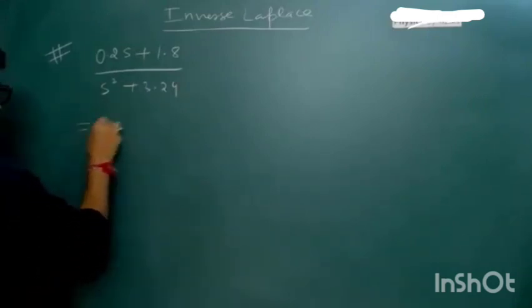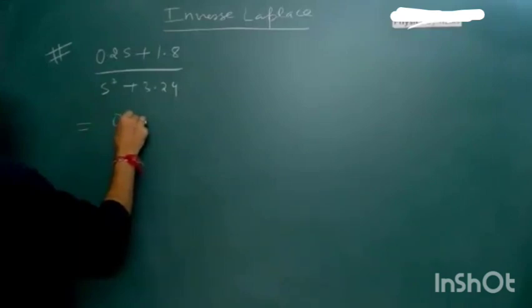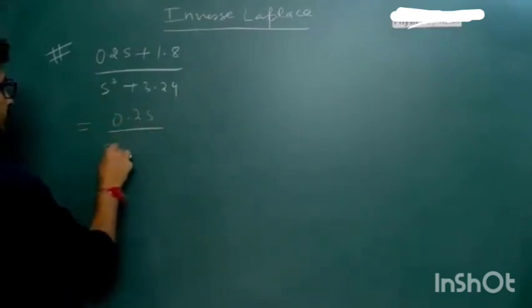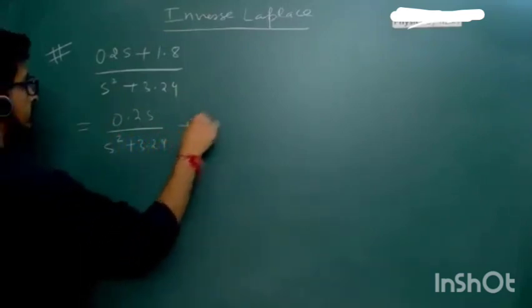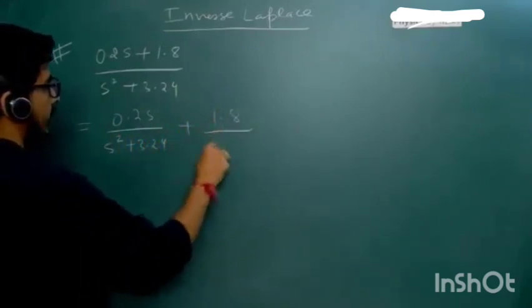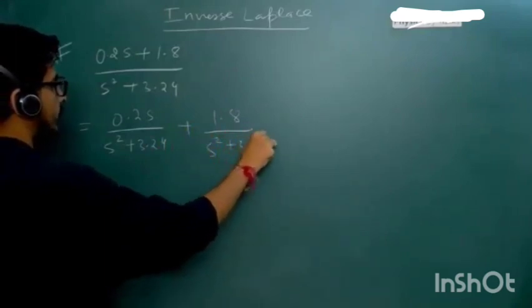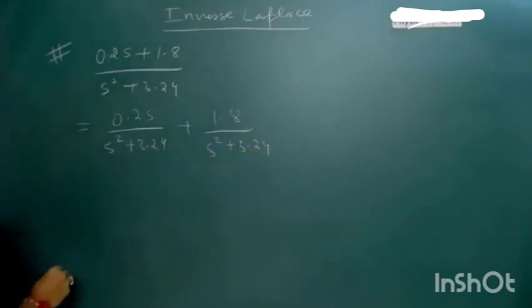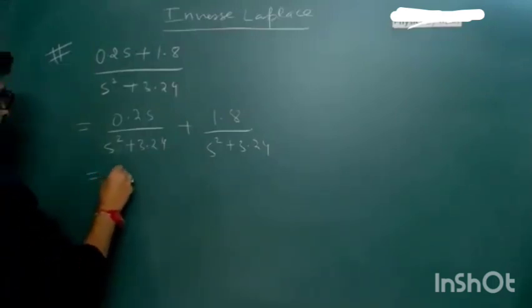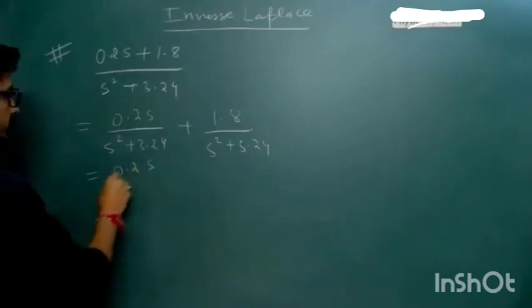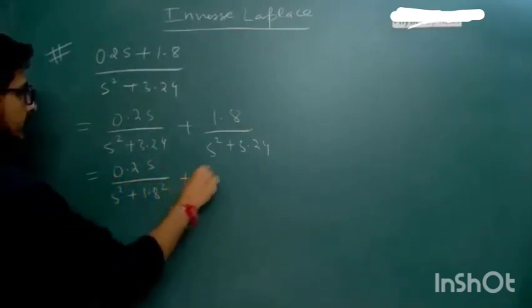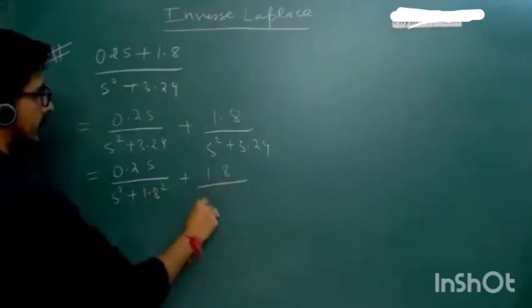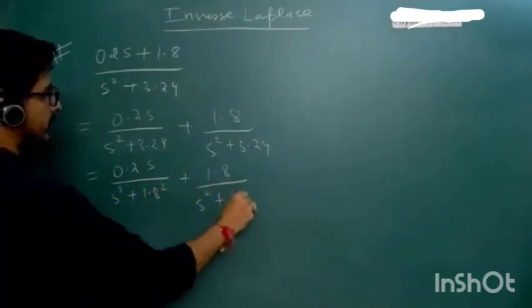So I can write this as 0.2s by s square plus 3.24 plus 1.8 by s square plus 3.24, correct? And this will become 0.2s over s square plus 1.8 square plus 1.8 over s square plus 1.8 square.